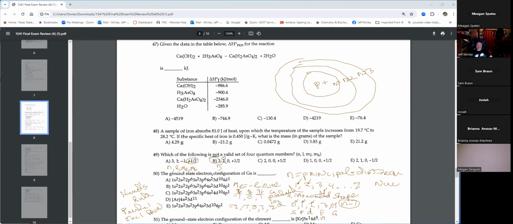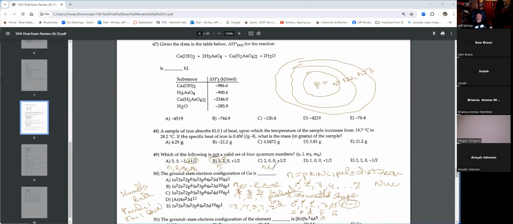So B is your answer for 49. Everything else is okay. If N is equal to 2, L can be 0, M sub L can be 0, and M sub S could be -0.5 or +0.5. If N is 1, L can be 0, M sub L can be 0. We could have -0.5 or +0.5. Same thing for all those. These are all good. That's the only one that doesn't work.